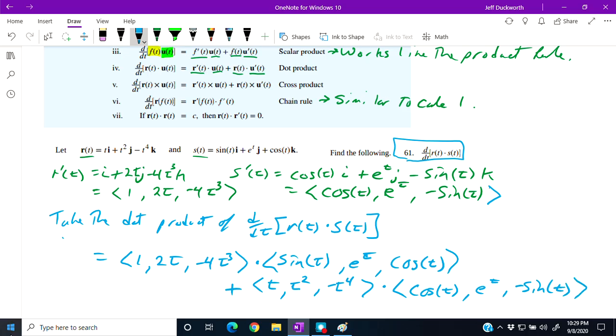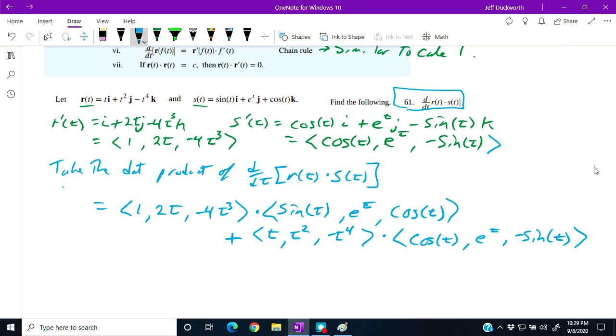All right, remember that when we take the dot products, we simply multiply each component, the x's by the x's, the y's by the y's, and so forth, and then add up all of the values. So this is going to equal 1 times sine of t plus 2t e to the t minus 4t cubed cosine t.